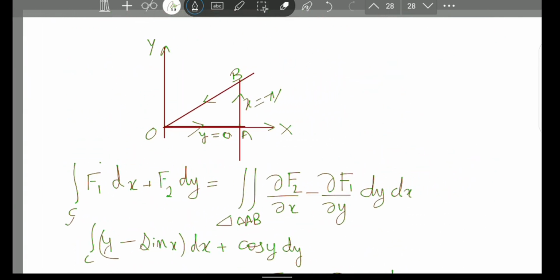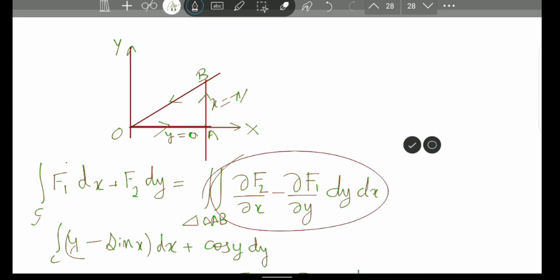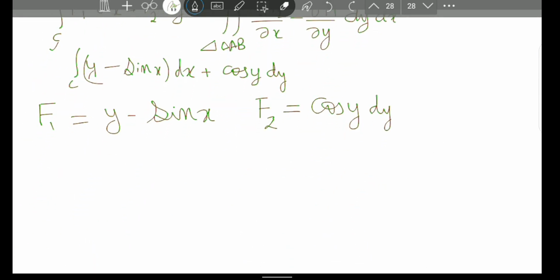Now, as we have said earlier, instead of evaluating from O to A, then going up from A to B, then returning from B to O, it will be much easier to evaluate the right hand side. So we should compute del f2 del x minus del f1 del y. Let's compute it.